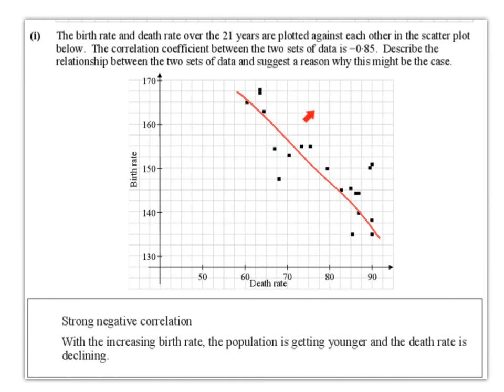And these dots would be very far apart, but they would still form a line. And we say it's negative correlation because this is a minus and because this line is going downhill. So if this had been a plus and the dots were going uphill, it would be positive correlation. So with the increasing birth rate, the population is getting younger and the death rate is declining. The death rate is going down.